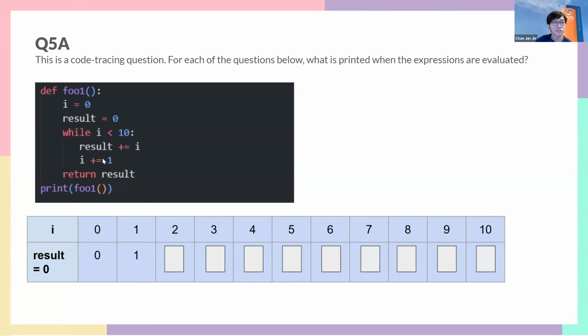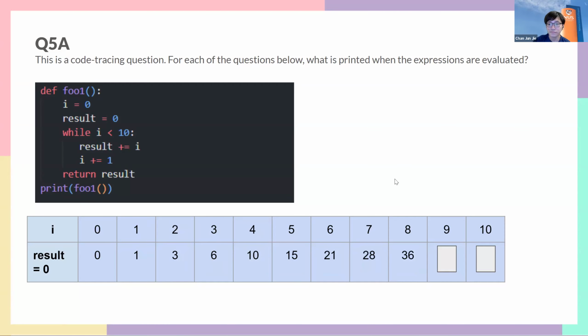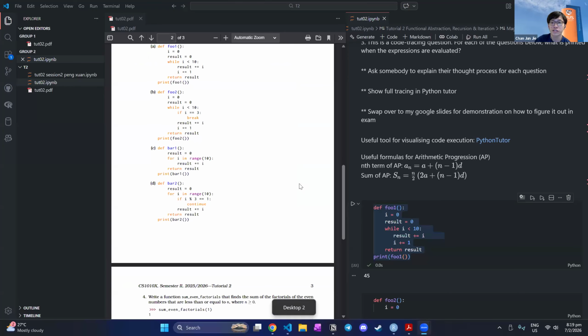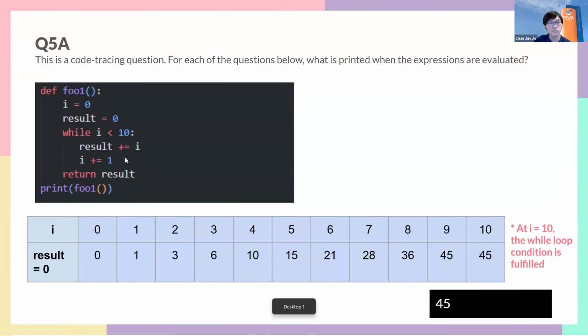When i is 0, result is incremented by 0, then i is incremented by 1. In the next loop, i will keep getting incremented and result will be added by i. When i reaches 10, the while loop condition is no longer fulfilled. So the while loop terminates and we return the current value of result, which is 45.